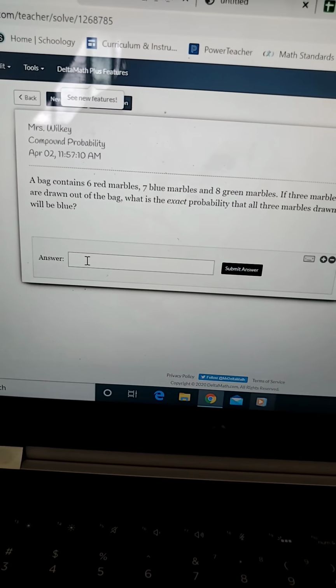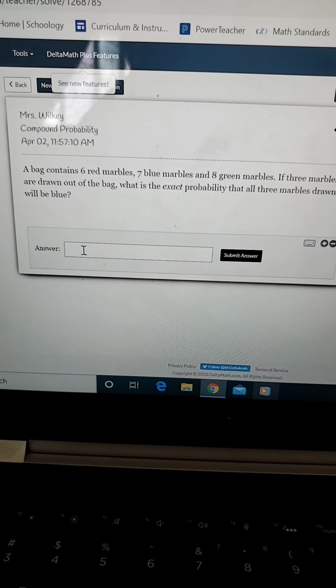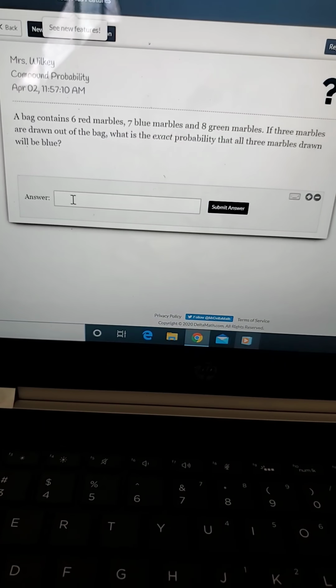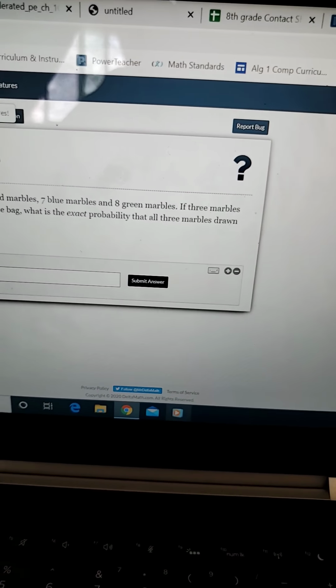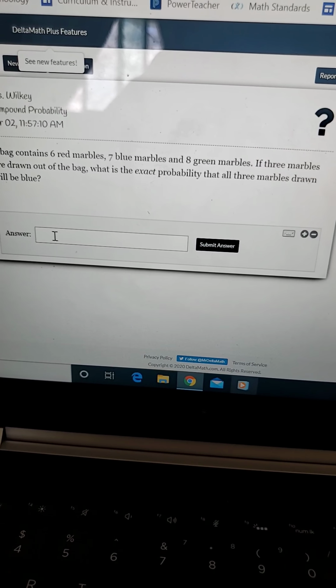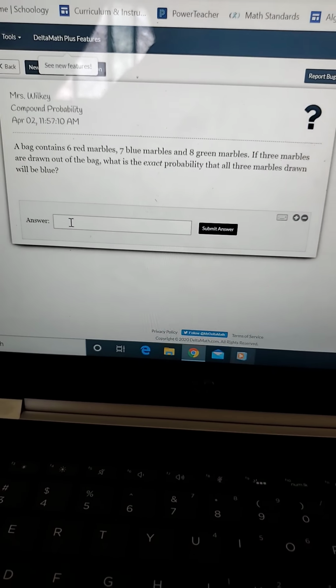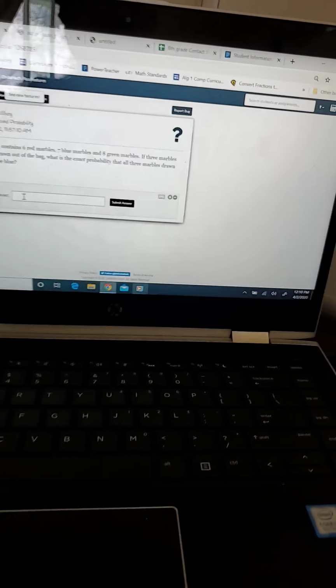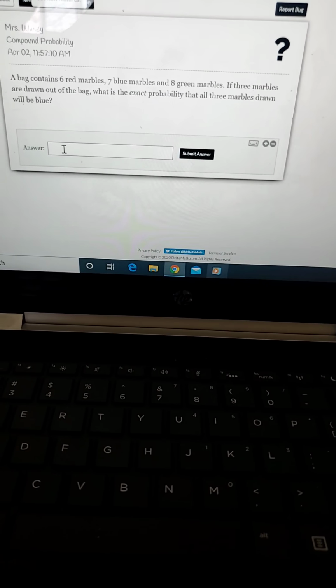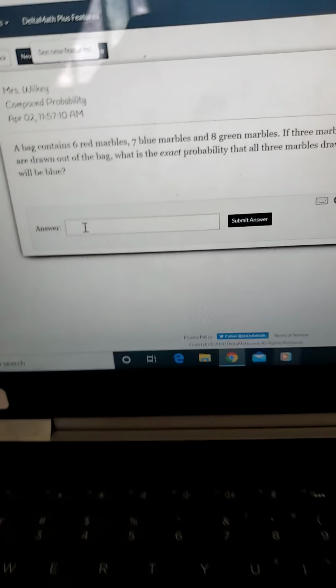And 8 green marbles. If 3 marbles are drawn out of the bag, what is the exact probability that all 3 marbles drawn will be blue? Okay, now it says exact probability because it wants you to use a fraction. If we used a decimal, we might have to round, and that's not exact. So that's why exact is italicized like that, because it wants you to use a fraction.